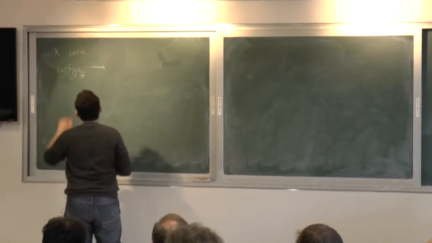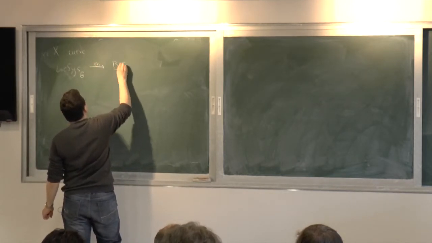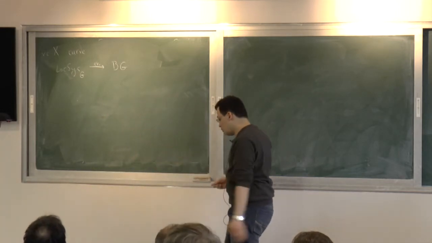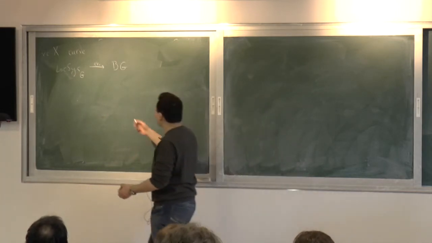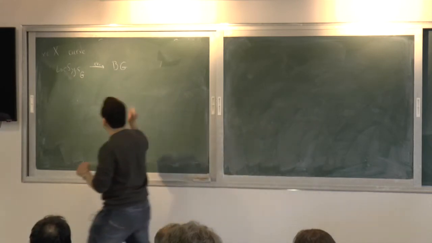A point x gives us an evaluation map to BG. Namely, if you have a local system on a curve and you've got a point on the curve, you get a G-torsor for every point, and they're connected by some kind of flat connection.